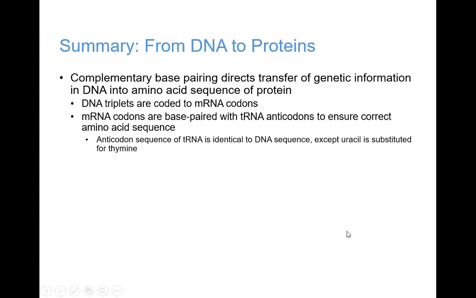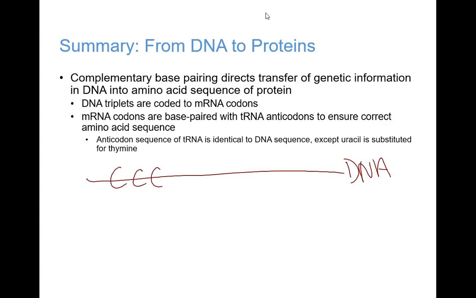Consider this. Here's your DNA strand right here. This is the strand that's been opened up, and you're making a messenger RNA copy of it. Suppose your sequence here on the DNA is C, C, C, G, G, C, T, T, C. There's your DNA sequence.